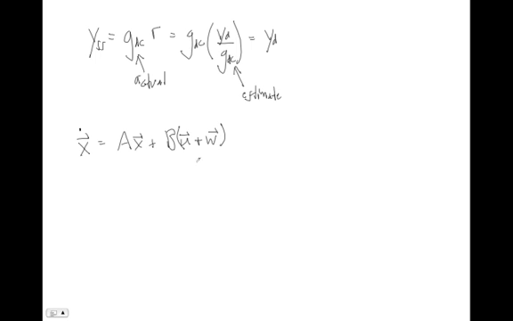If our input is a voltage, let's say, coming out of a D to A card, well, if you command 5 volts to your D to A card and it actually gives 5.1 volts because it has a bias, that will come in like a disturbance here. So in general we can have disturbances that come into all of our inputs, and we'll call those disturbances w.